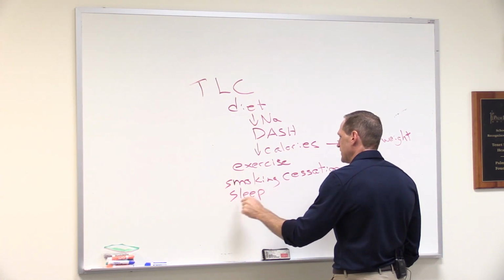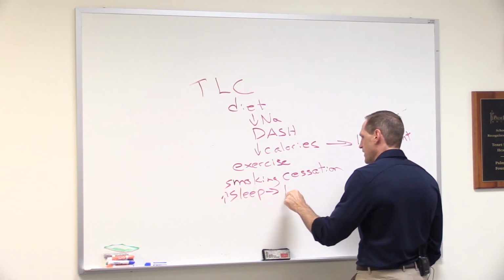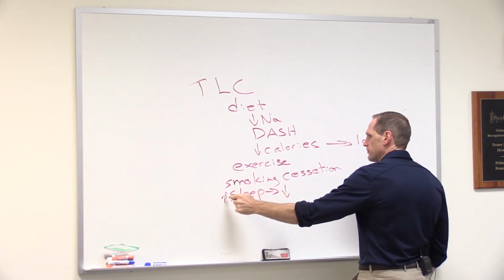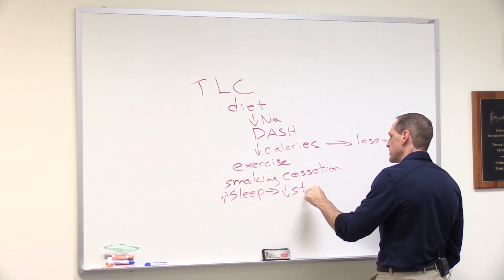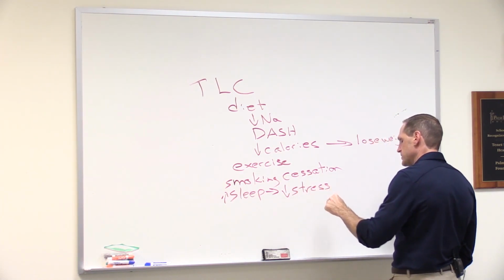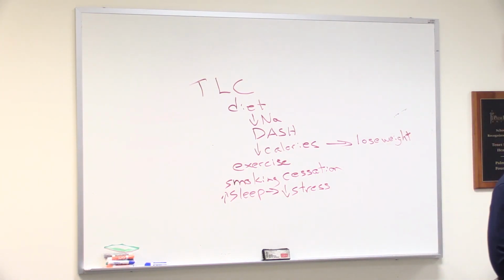But increasing sleep goes along with decreasing something else in your life. Stress. So stress management techniques are important. For some patients, just learning how to relax and let go of things can make a tremendous difference in their lives.